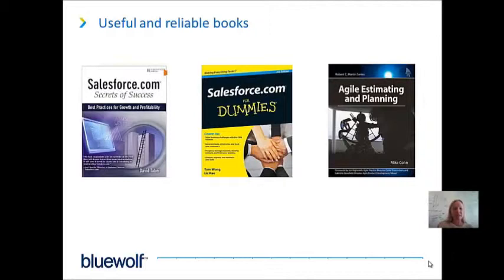Salesforce.com for Dummies is a great starting point for somebody who has no Salesforce background, and Liz Cowell participated in writing it. Agile Estimating and Planning is a textbook that walks you through A to Z the Agile method. All three of these are excellent reference materials, and I recommend you read them.